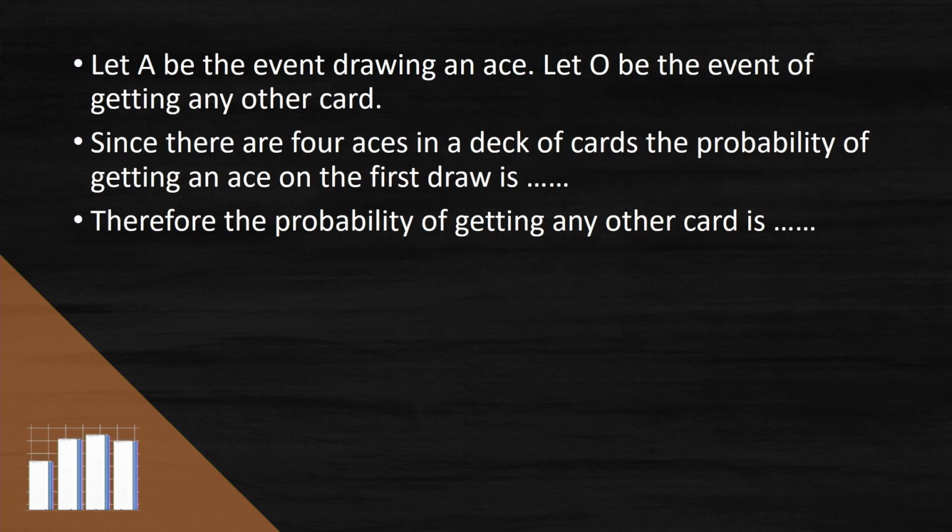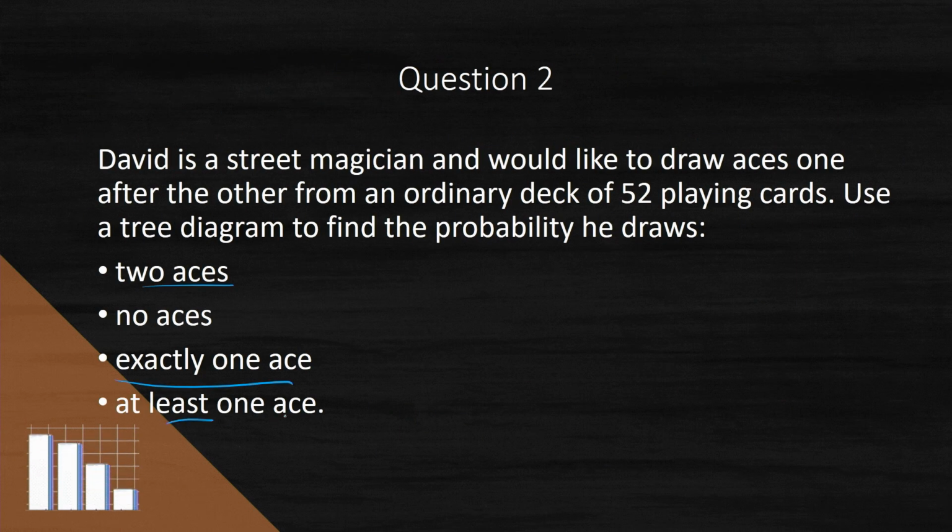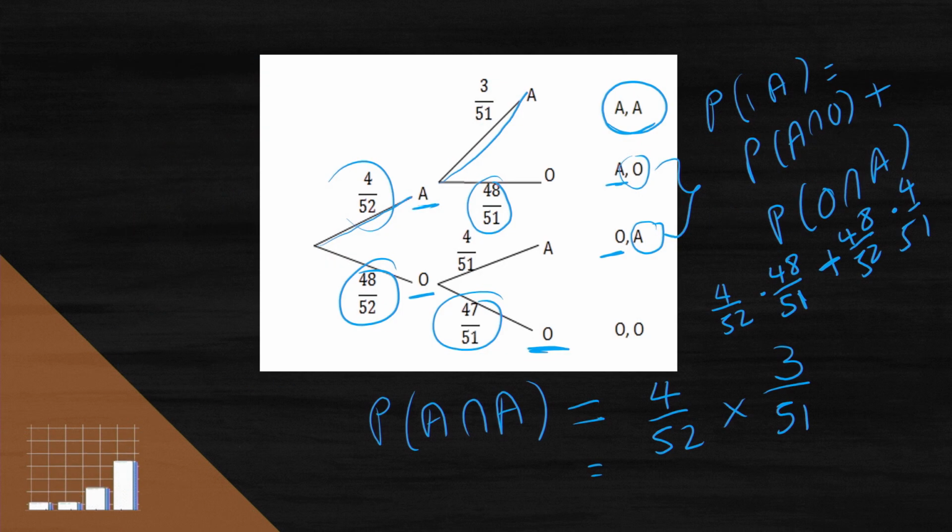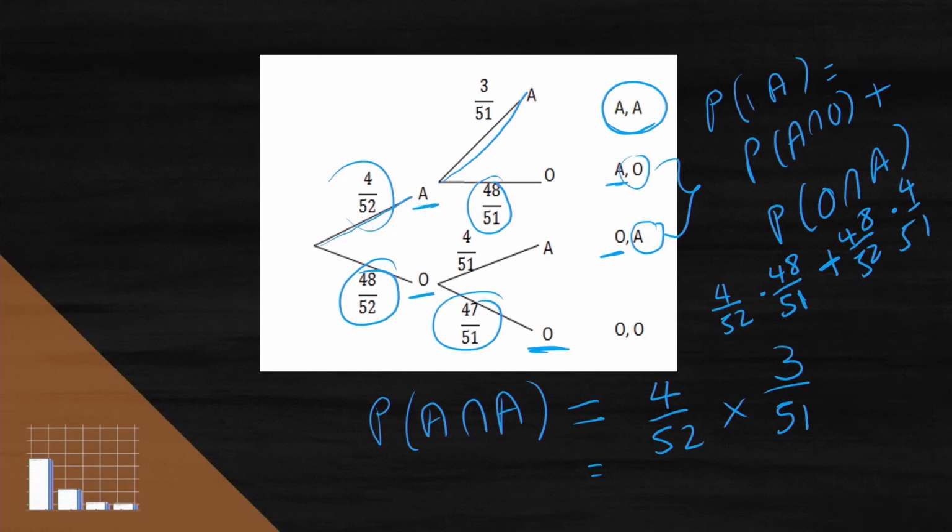And then lastly, we wanted to know what is the probability of getting at least one ace. So at least one ace means you're going to either get two aces or you're going to get one ace plus one ace. So there are three outcomes here that we can add together.